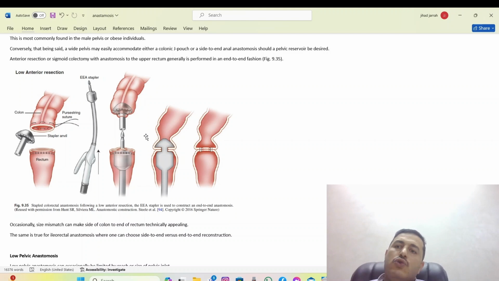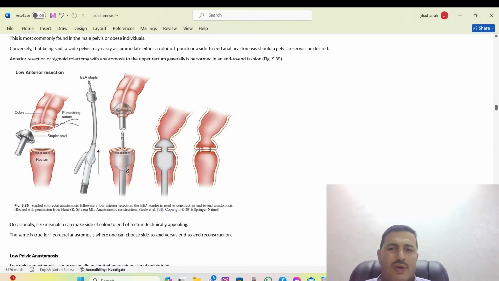In this picture, they show you how we construct a colonic end-to-end anastomosis, but you see in this picture that the rectum is preserved. This is what we use in anterior resection or sigmoid colectomy. The rectum is in place, so we can use end-to-end. It's not mandatory to construct a pouch.